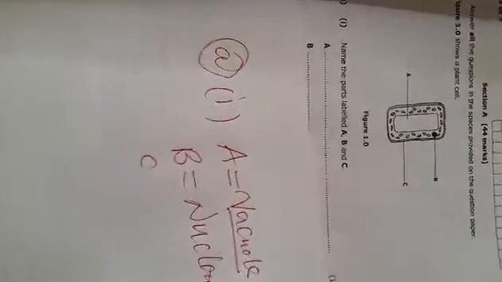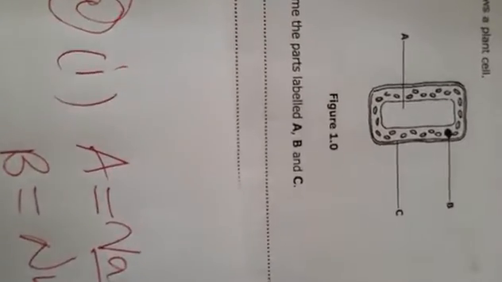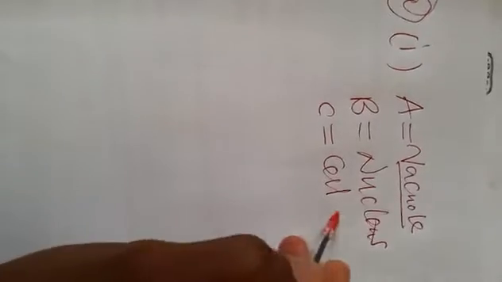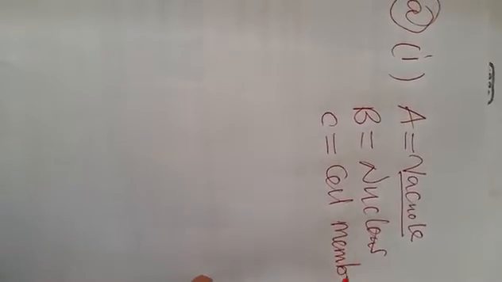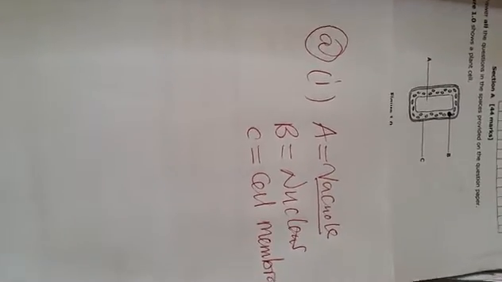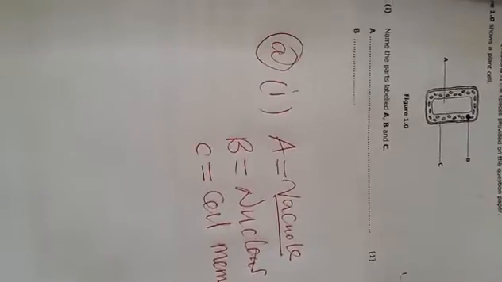When we critically look at C, C is pointing at the cell membrane, the selectively permeable membrane, which is able to control the entry and the exit of substances into and out of the cell.